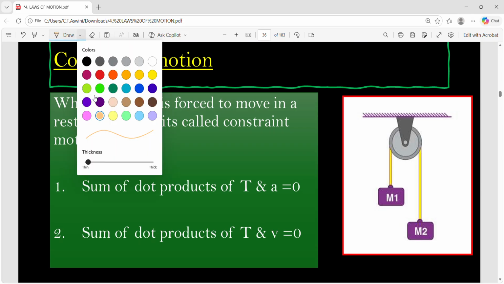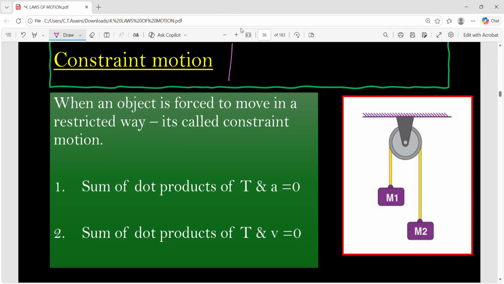Now, we'll move on to the next topic, constraint motion. What is this constraint motion? Restricted motion in a simple way. This is also called restricted motion. Imagine your school. When your school teacher is there, you will walk in a disciplined way.